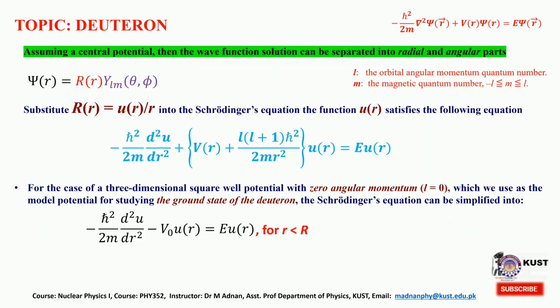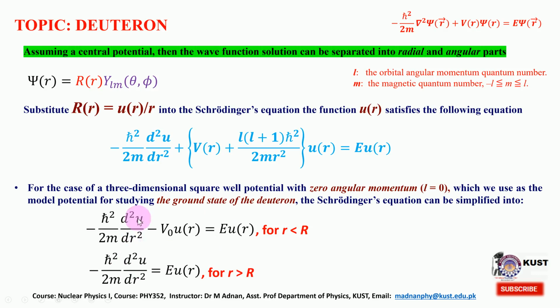So in that way, for the radial part we need to put V of r equal to V naught for r less than capital R, and V of r equal to 0 when r is greater than R. These two expressions are the same equation, but we just put the value of the potential that we assume to be V naught once r is smaller than R, and this is 0 once the separation is greater than the size of the Deuteron.